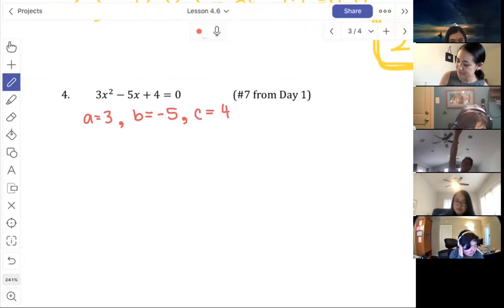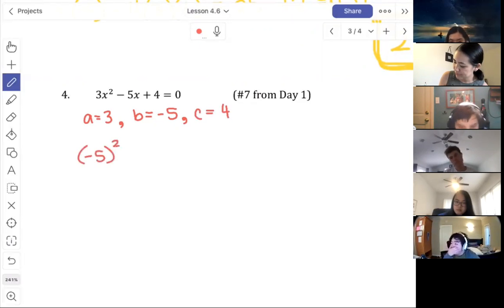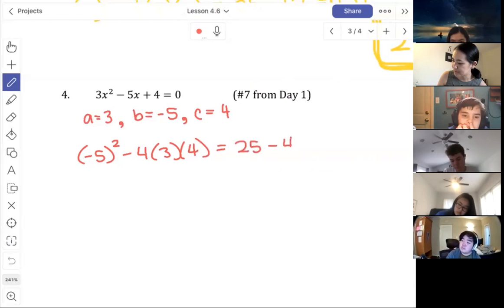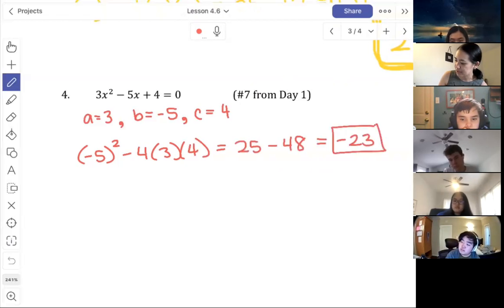So you plug it into the equation. So it's -5 to the power of 2 minus 4 times 3 times 4. Perfect. Keep simplifying. So that equals 25 minus 48, and then it equals -23. Perfect. Nicely done, Jaden.